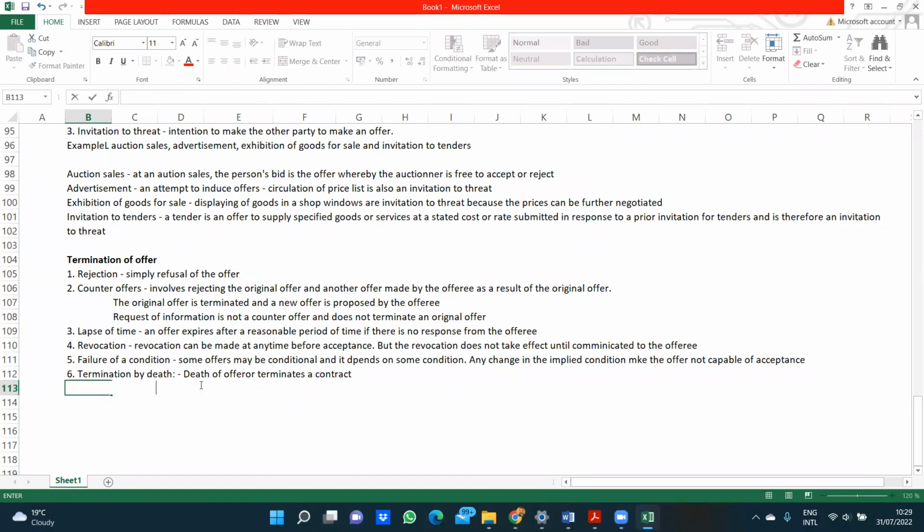However, death of the offeree terminates the contract, and death of the offerer also terminates the offer.